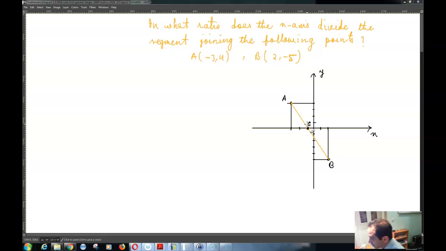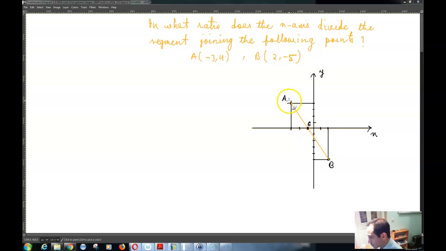Now, what you can do is that you can find the point of intersection of the line with the x-axis.